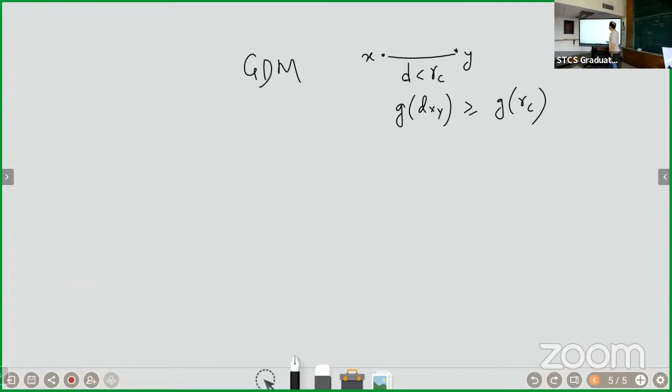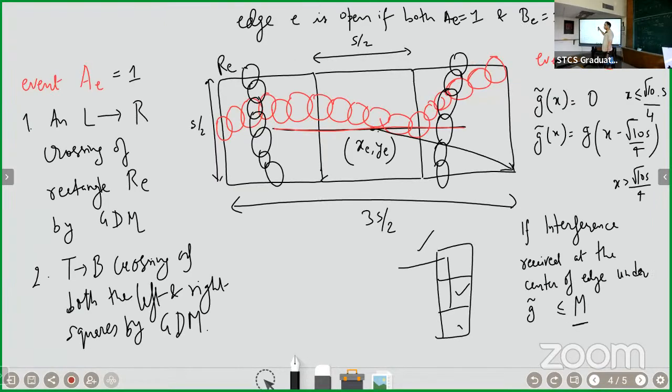Now, these X and Y belong somewhere here. This is an X and this is a Y. This condition is giving me some bound. What is this condition giving me in terms of interference seen at Y?